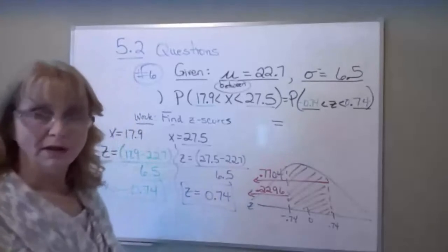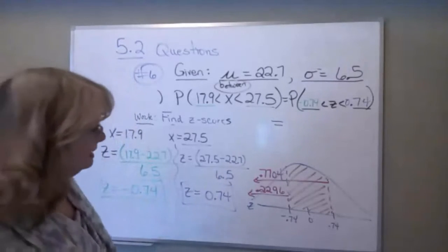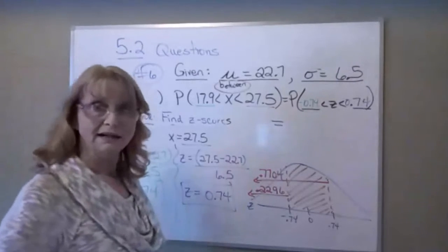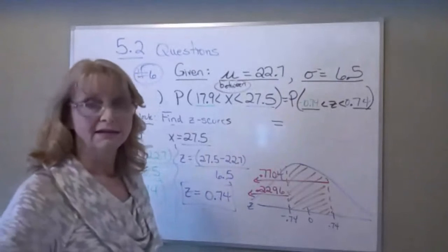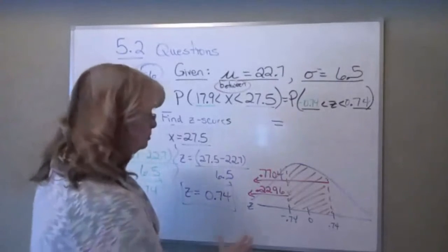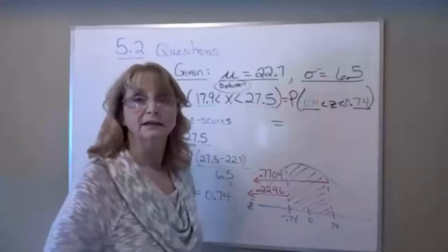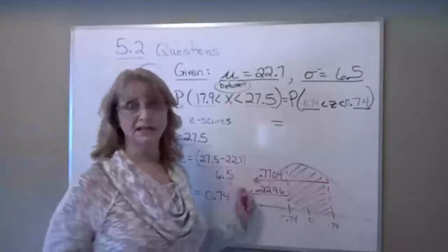And then Stephanie, what you were saying was that you said something about subtracting, and you were right. In the end, that is what we're going to do. So we subtract those two right there. We subtract those two z-scores. Yes. Well, the two areas, not the z-scores. Oh, okay.